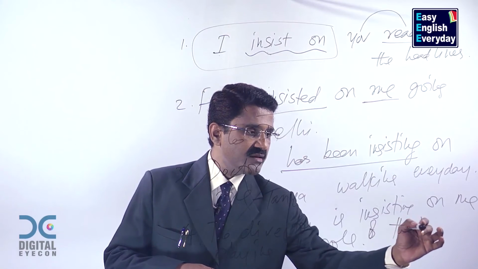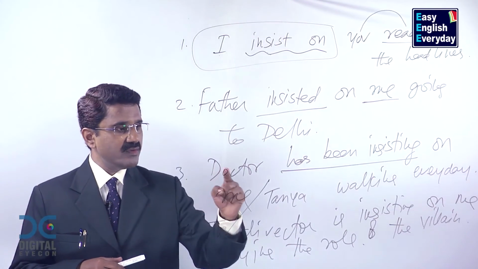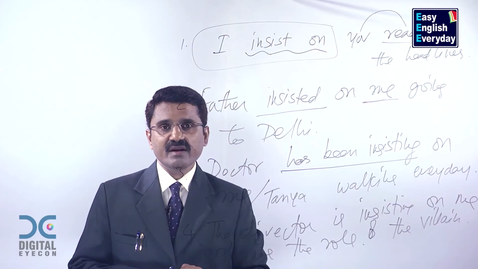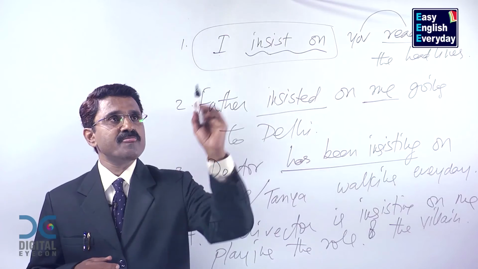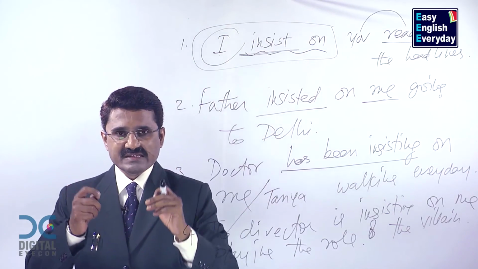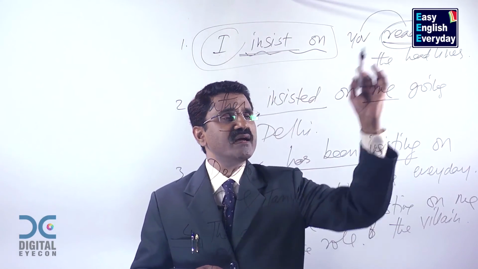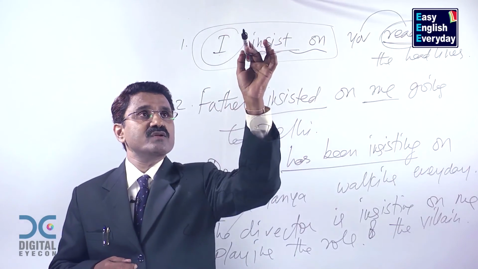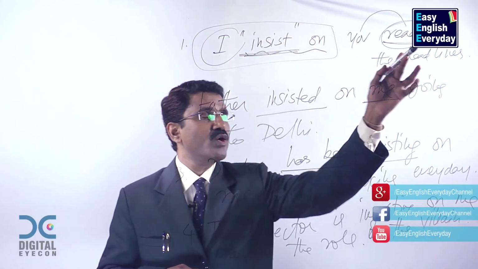The director has been insisting on you playing the role of the villain. So you can use this example with two persons. One person doing the job of insisting, the other person is doing the job of the ing form gerund. So the tense related changes take place here, not here.